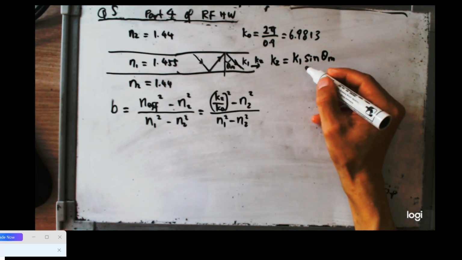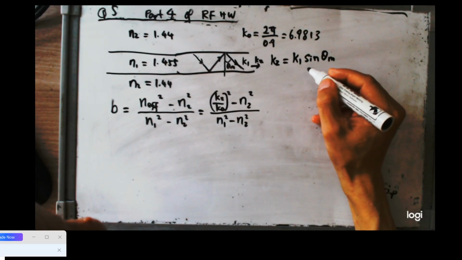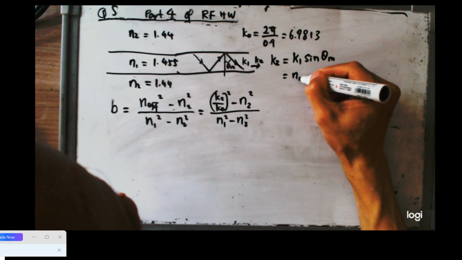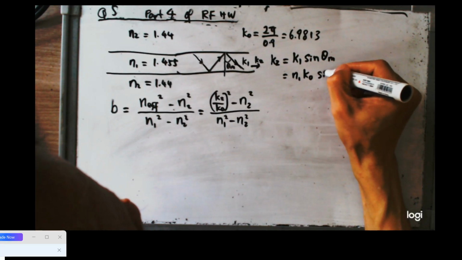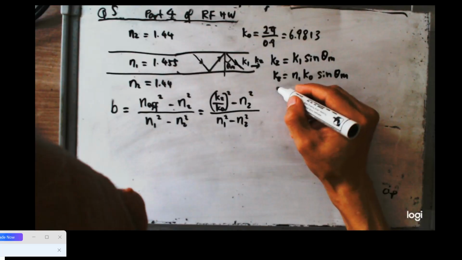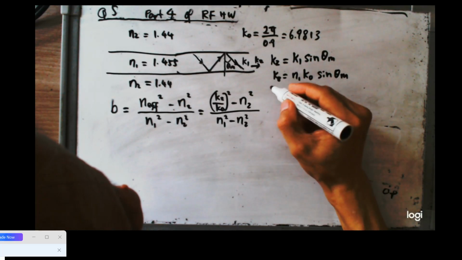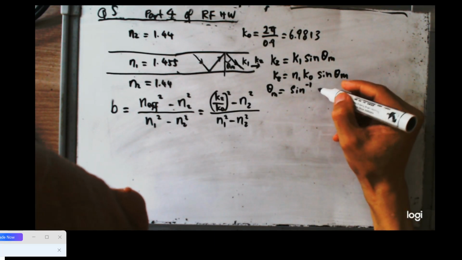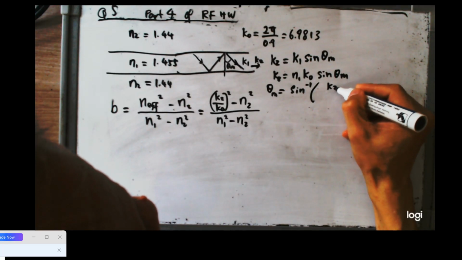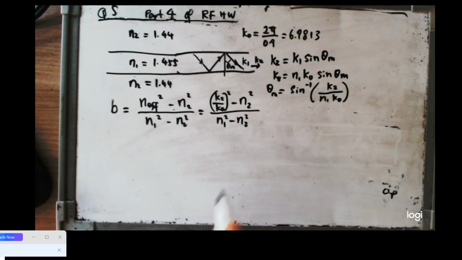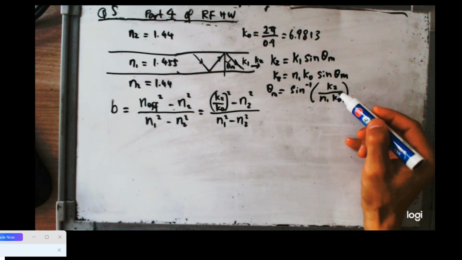So we can substitute k1. k1 is equal to n1 times k0. So from here we know that theta m is sine inverse of kz over n1 k0.